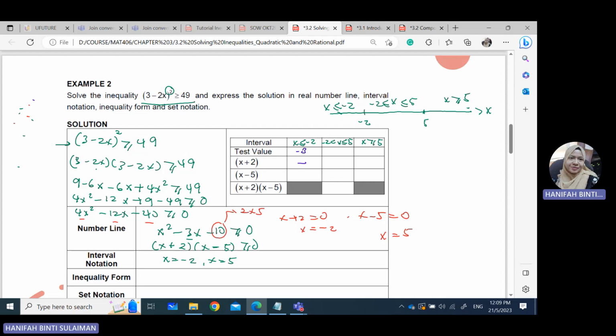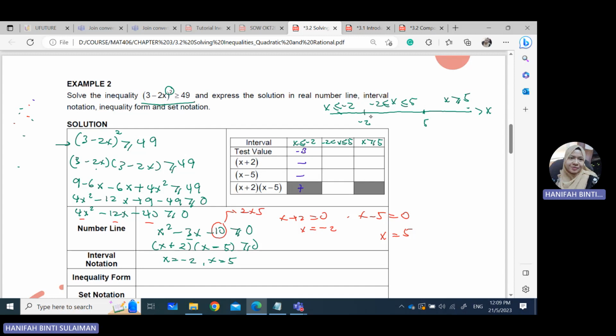Lama sangat. Tekan je lah calculator tu. Negative 3 plus 2 is negative 1. So kurang daripada negative 2 lagi, negative 4 plus 2, we have negative 2. So it is always negative. Okay, so untuk yang ni, negative 3 minus 5 is also negative. So negative, we have positive.